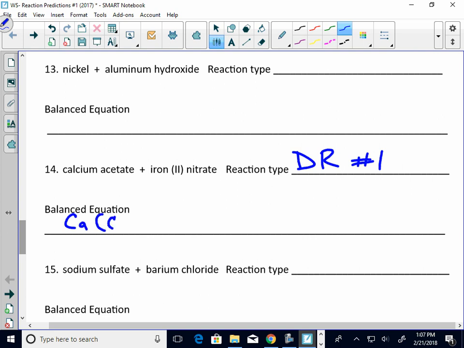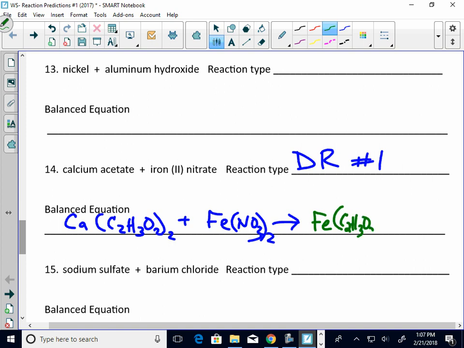I have calcium acetate, and I have iron 2 nitrate. Now, what is that going to flop to give me? Well, it's going to give me iron 2 acetate, and calcium nitrate.